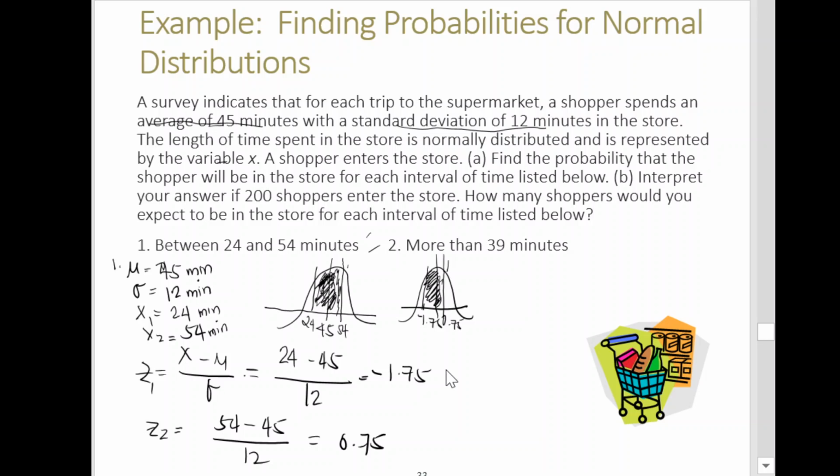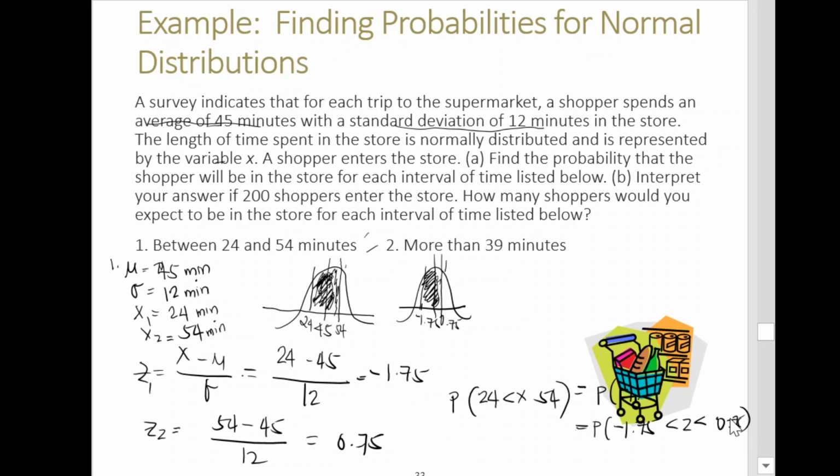As stated in the previous discussion, when there are two Z values, or what you are looking for is in between, you are looking for the probability that X is in between 24 and 54. In terms of Z value, after converting, this is the probability that your Z value is in between negative 1.75 and 0.75.